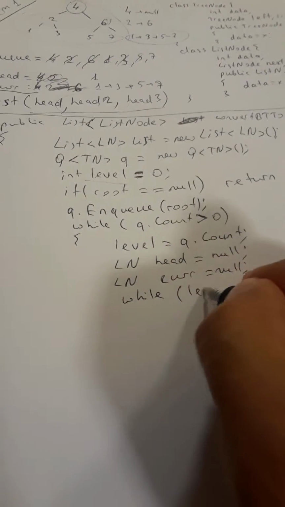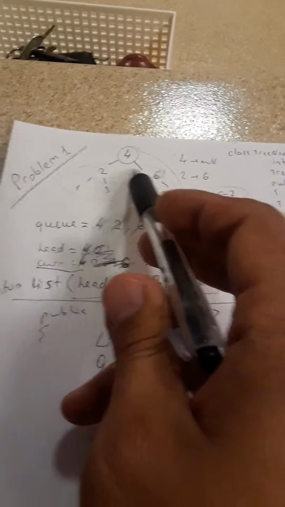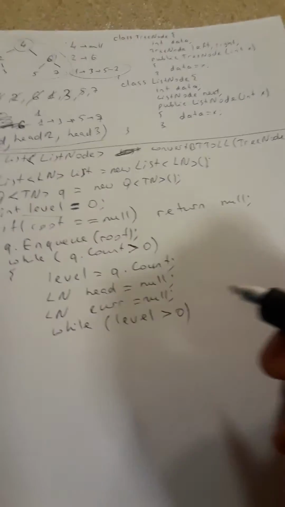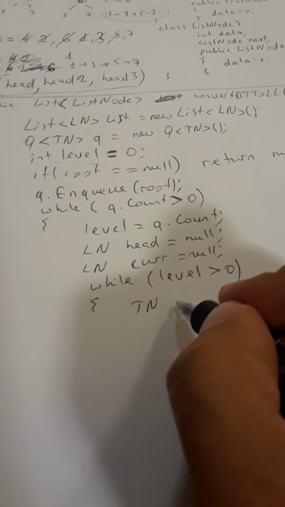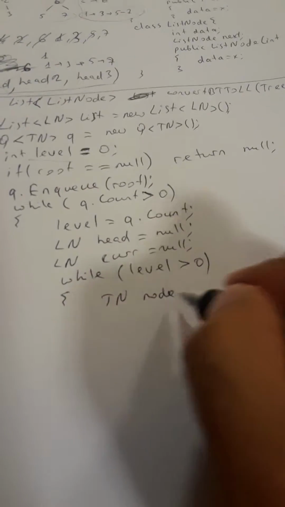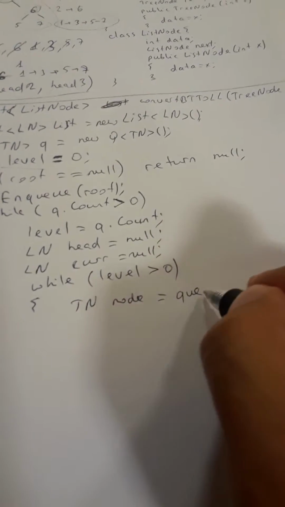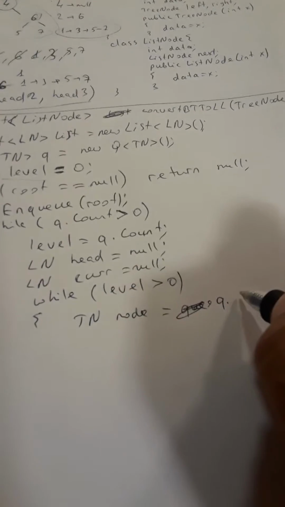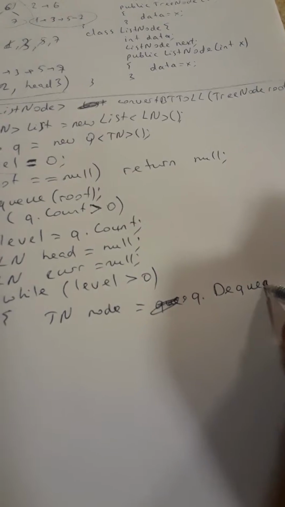Then we will be initializing again a while loop, just to go through all elements in our row. Our while loop will be running until level is greater than 0. So here we will declare another tree node, a temporary node, and it will be popped from our queue.